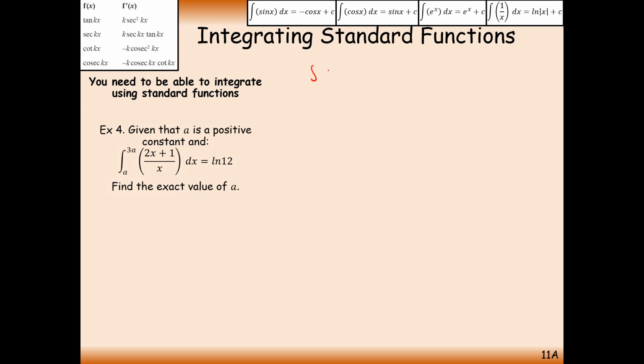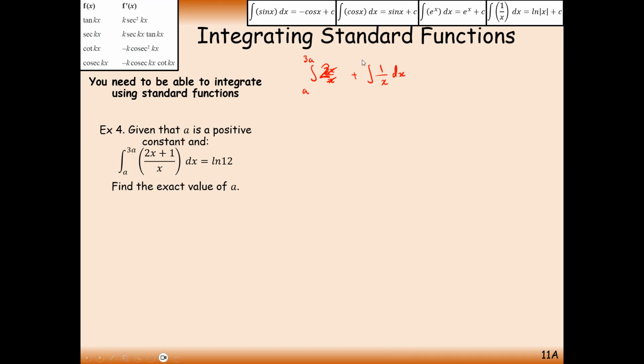The integral of 2x over x will simply be the integral of 2, because the x and the x cancel away, and the integral of 1 over x is simply log x. So we're going to use that for our answer.